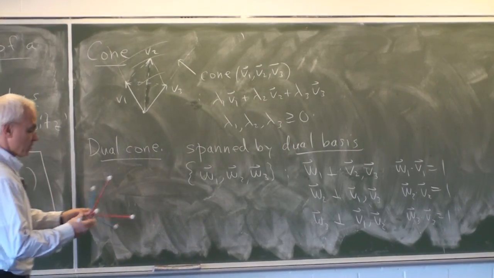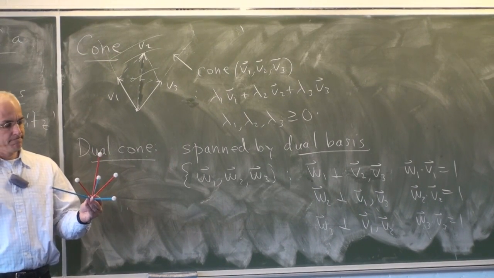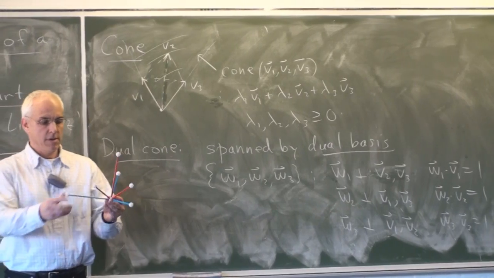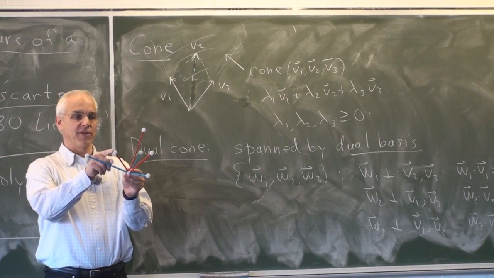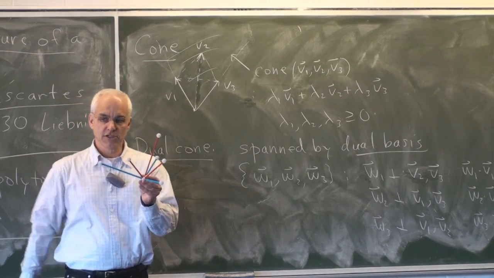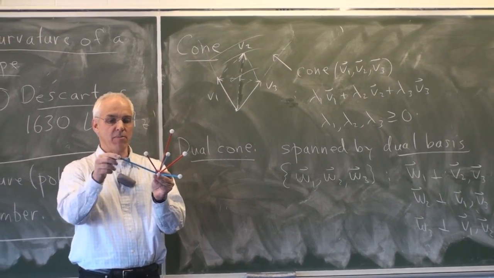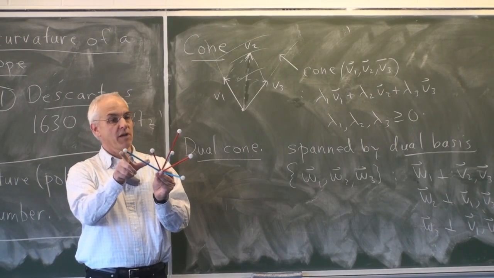So to go back to our situation here, I've tried to do this. This is a short vector here, this one here, and these 2 are sort of long. So this vector here, which is the dual of this one, has got to be perpendicular to the other 2 vectors, which it is. And because this one is short, this one's got to be long.